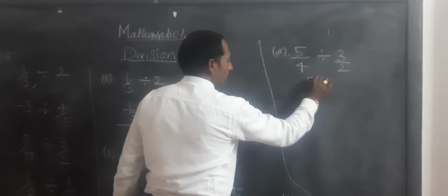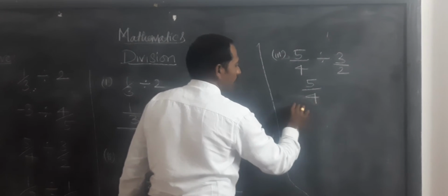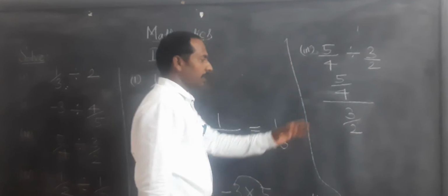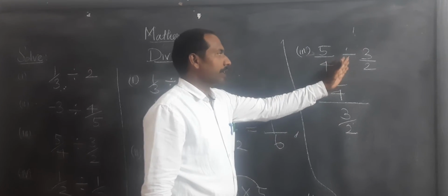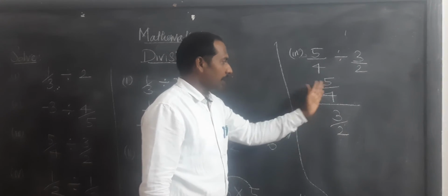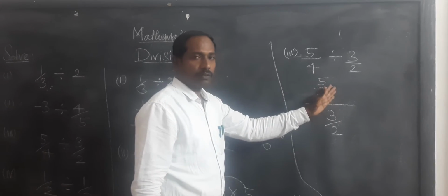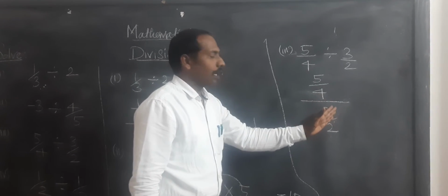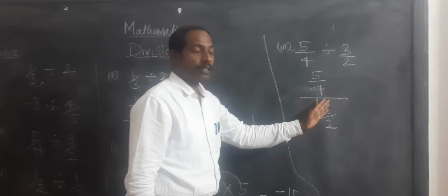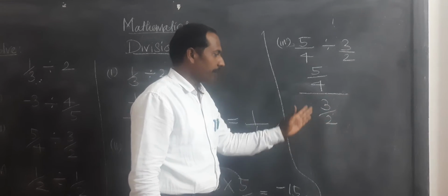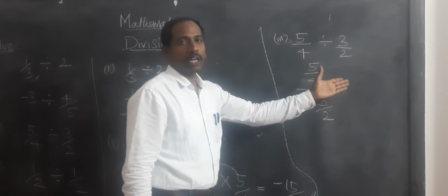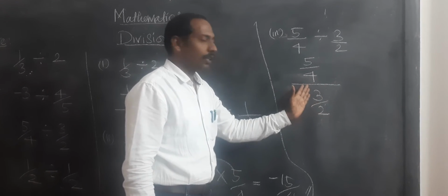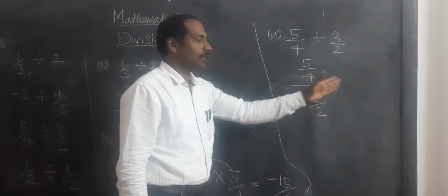The meaning is 5 over 4 divided by 3 over 2. You see a fraction in the numerator and also a fraction in the denominator. Mostly you have to concentrate on the denominator. If you see any fraction, you write the reciprocal of the denominator, and at the same time the division changes to multiplication.